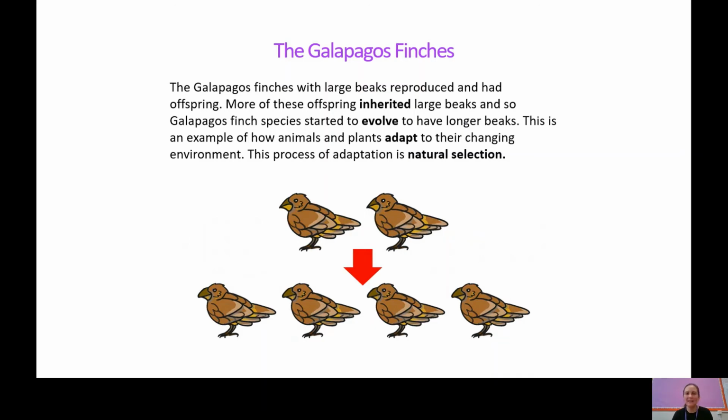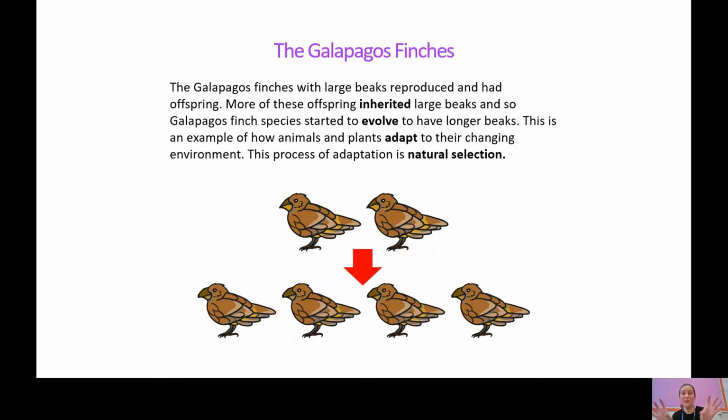And so what happens next? So the Galapagos finches with the large beaks, they then reproduce with other finches with large beaks because they're the ones that survived that year because they could eat those larger seeds. So all the ones with the smaller beaks, they didn't survive, they didn't reproduce, okay?